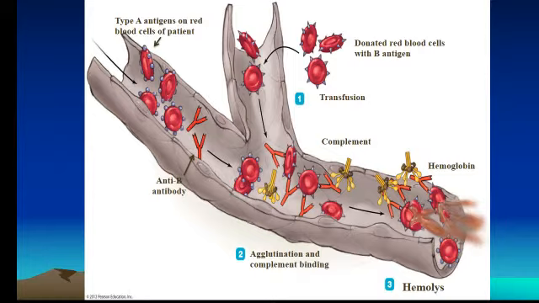Hemoglobin is being produced and the type B red blood cells are getting the anti-B antibody. This was, of course, slide number 18.